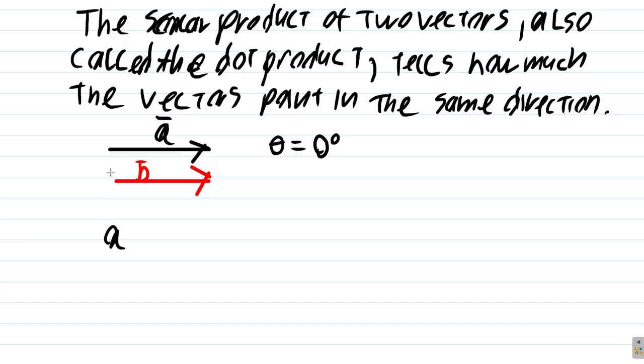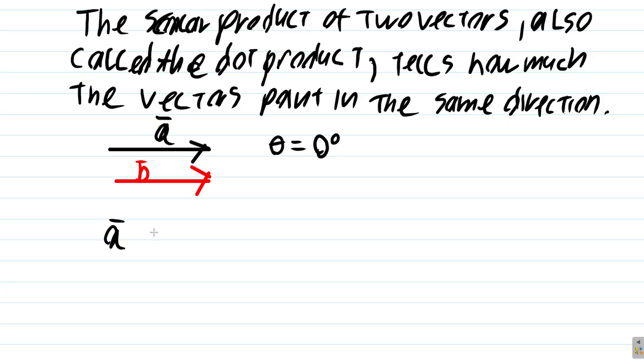If you have vector A, now remember from before, you could call this lowercase a in bold or with the line, or you could label the vectors so that one side is A and the other side is B. So we could have said vector AB or vector CD or something like that. But let's keep it this way for now.